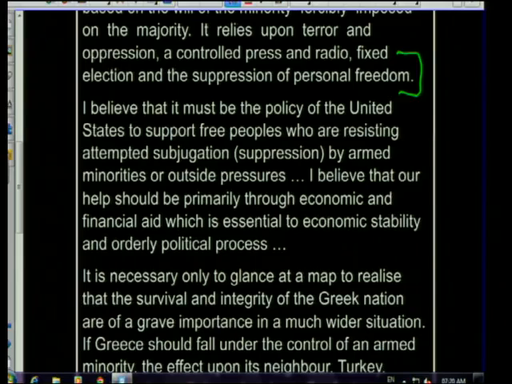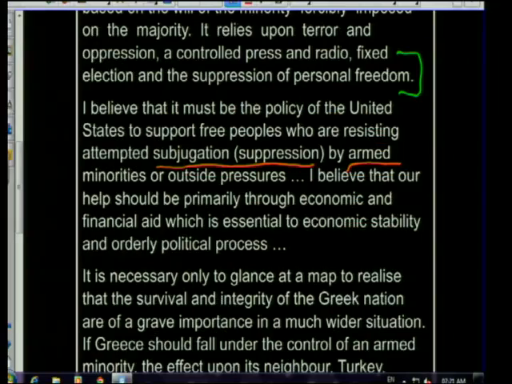He says attempted subjugation or suppression by armed minorities. He's saying that these people are armed. So already you can see that he's portraying the second way of life in a negative light, even before you ask yourself, who are those people he is referring to?